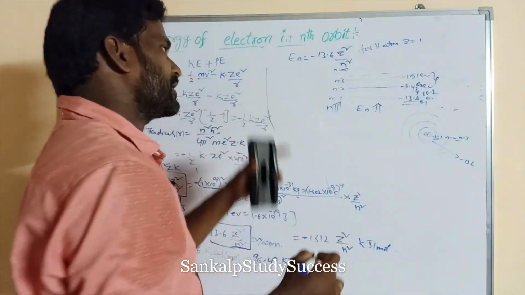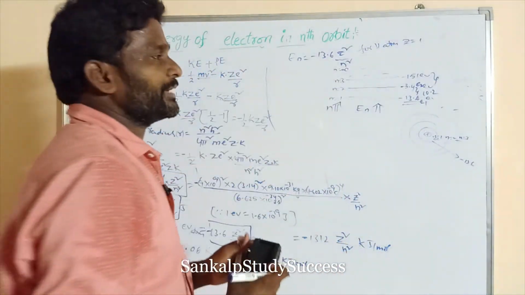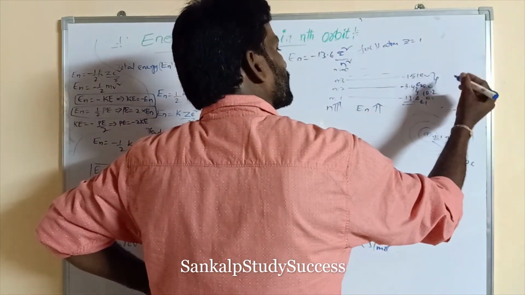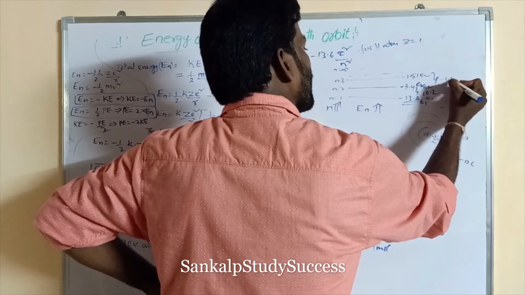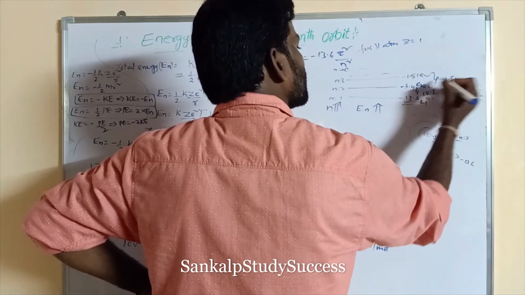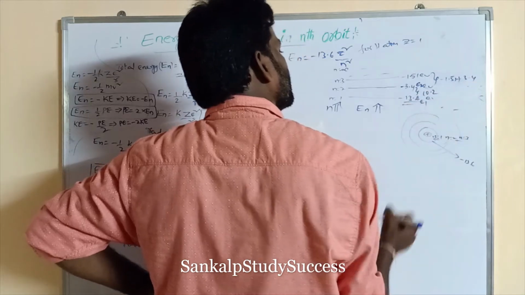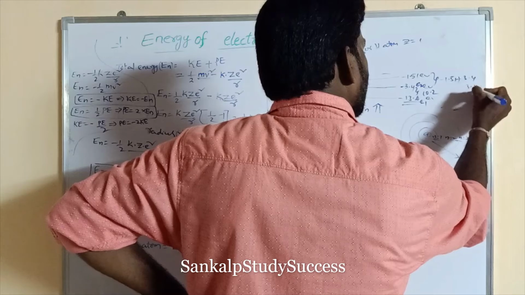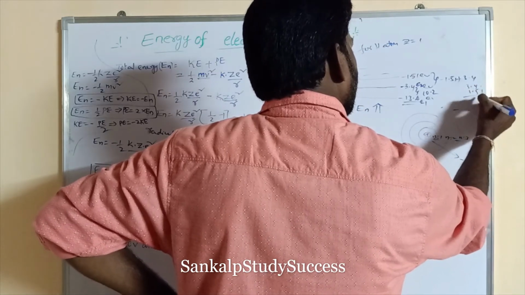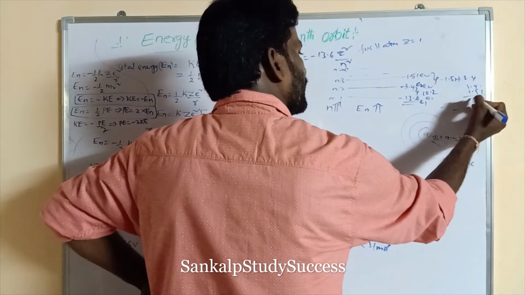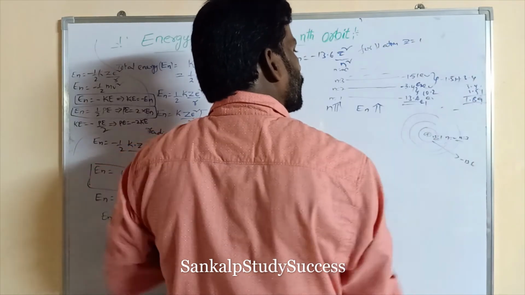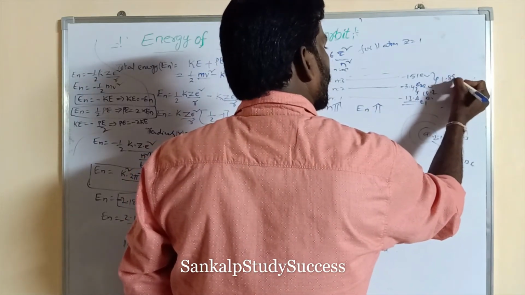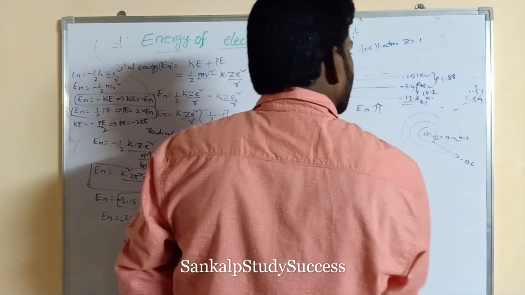Similarly, the energy gap between n is equal to 2 and n is equal to 3: 3.4 to 1.51. Minus 1.51 minus minus 3.4, which is plus 3.4 minus 1.51, is equal to 1.88 or 1.89. So its energy gap is 1.88.